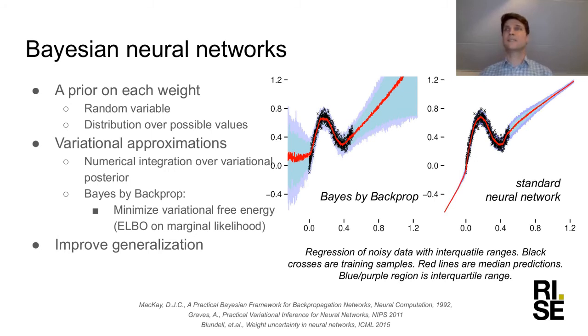In the standard neural network to the right, the model is trained with the same data. It produces the Gaussian output. So you have the mean and the variance predicted by the neural network, and it's trained using the negative log likelihood. But the uncertainty estimates in this case aren't that convincing, as they don't show the property of getting larger as you go farther away from the training data.